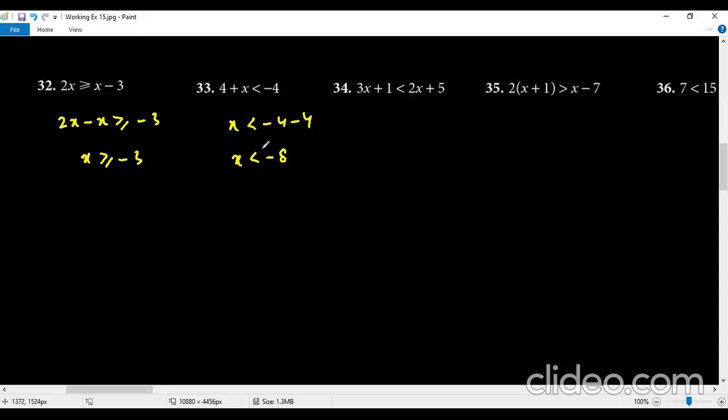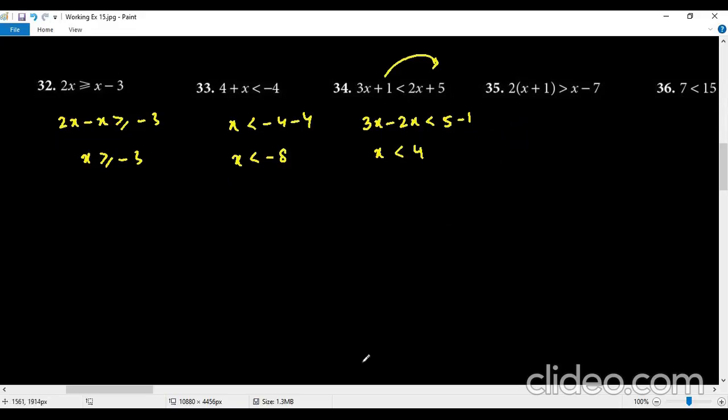When it comes to question number 34, it's going to be 3x minus 2x less than 5 minus 1, plus 1 will go on the other side and becomes a negative 1. So that means 3x minus 2x is going to be x, and 5 minus 1 is going to be 4. So question number 34 is going to give you x is less than 4. Any value that you put in place of x, it should be less than 4.